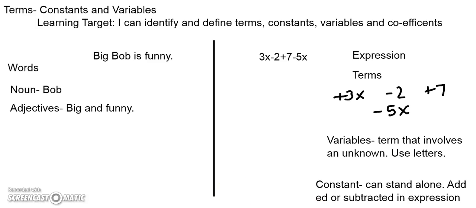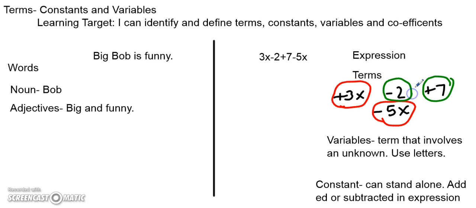I'm going to go ahead and use red to describe my terms that are variables. So this term involves a variable, and this term involves a variable. I'm going to use green to show my constants. So I have a positive 7 and a negative 2. Both of those stand alone in the equation, and they do not have the variable x associated with them.